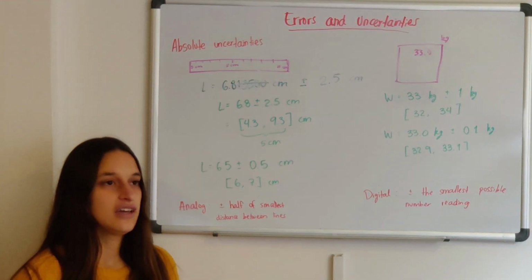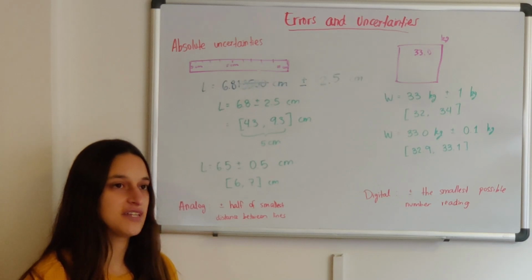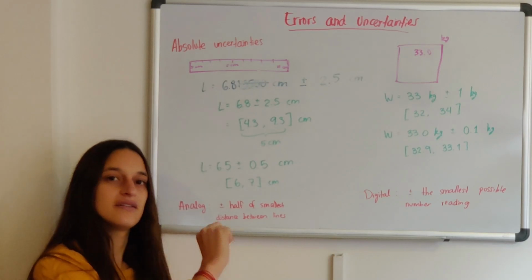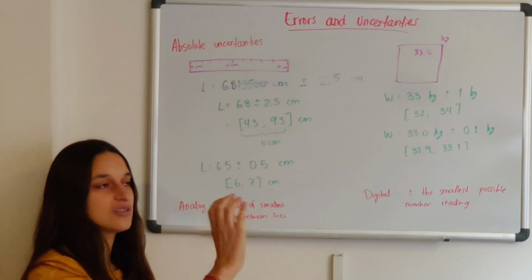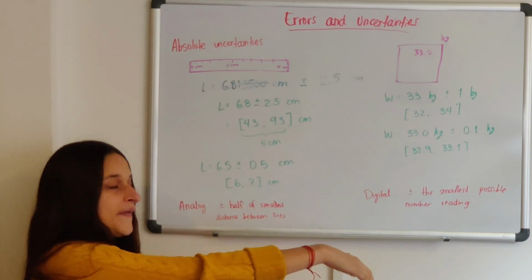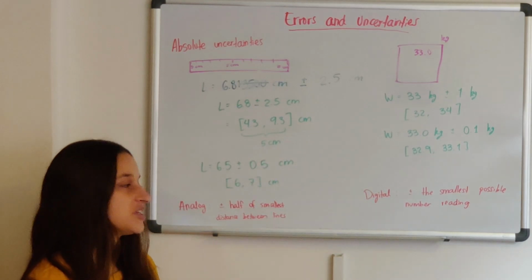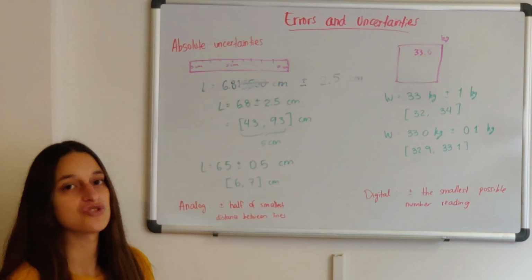So basically, if it says 33.578, then the smallest possible is 0.001. You go to the number most to the right, put a 1 there, and that's the number that you're going to use for your digital absolute uncertainty.